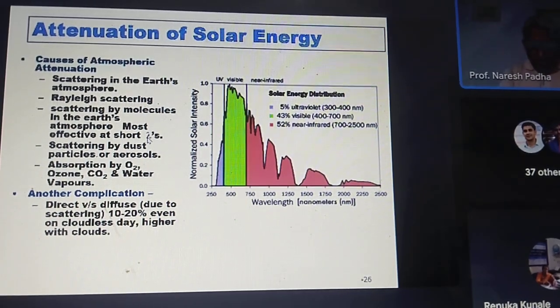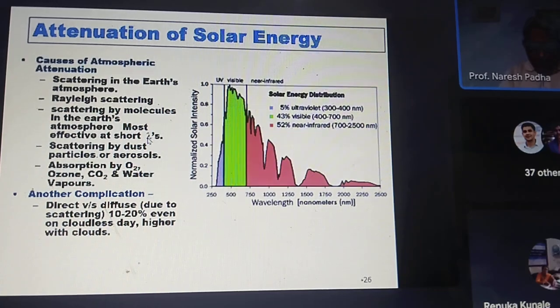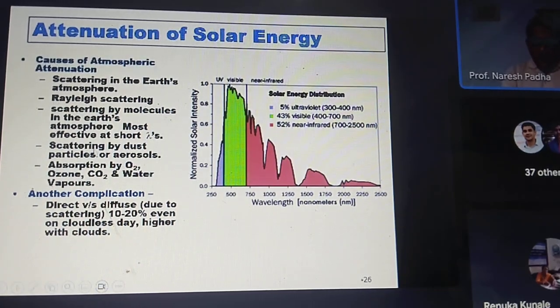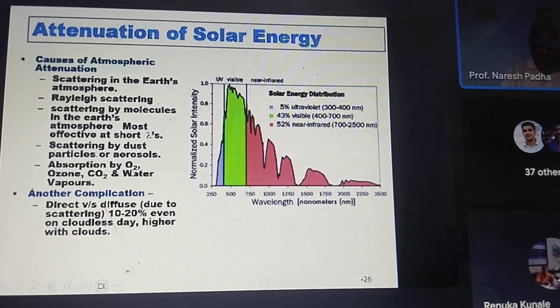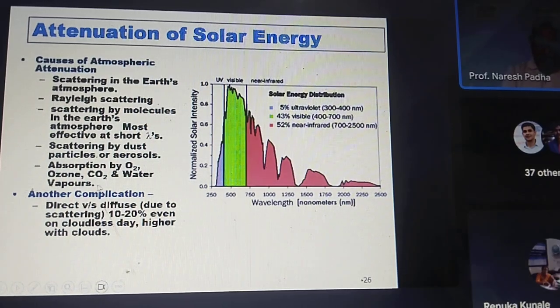For short wavelengths, the scattering due to molecules is very drastic. And scattering by dust particles or aerosols is also there. Absorption by oxygen, ozone, carbon dioxide and water vapors present in the atmosphere is also there.